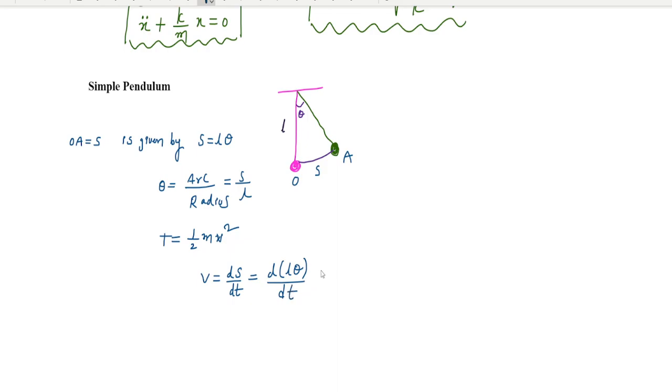The length of the pendulum L is constant, so we can write this as theta dot. Therefore the kinetic energy of our system is 1 divided by 2 m L square theta dot square. This is our kinetic energy term.